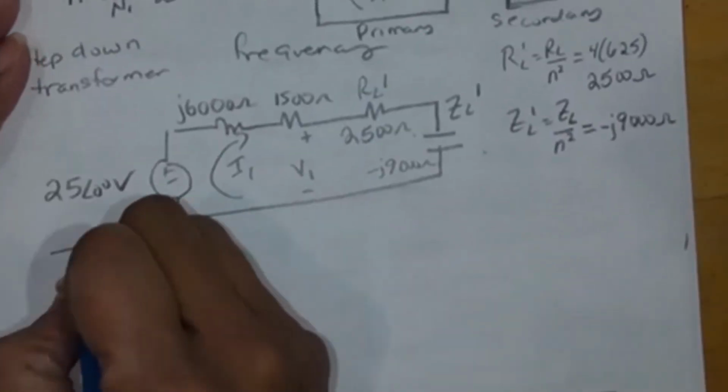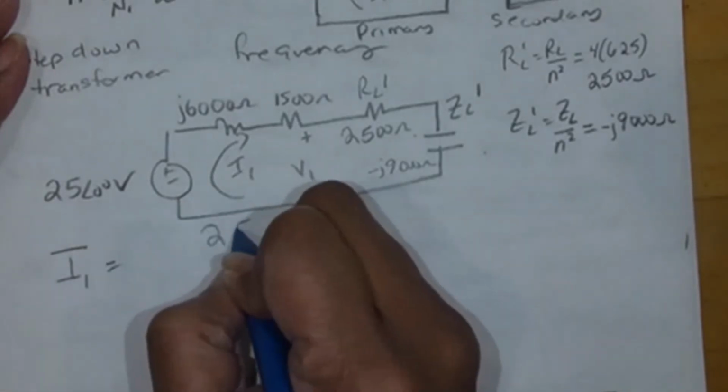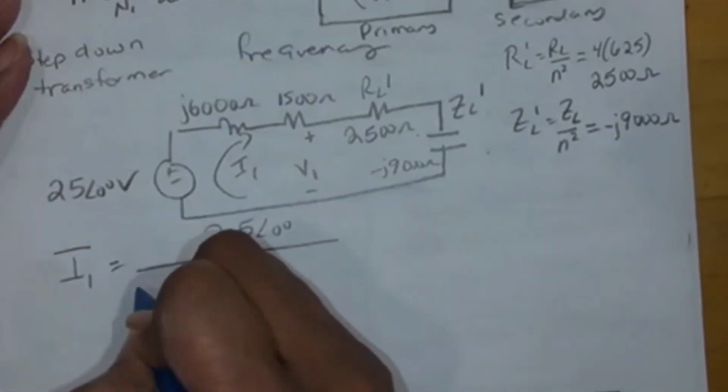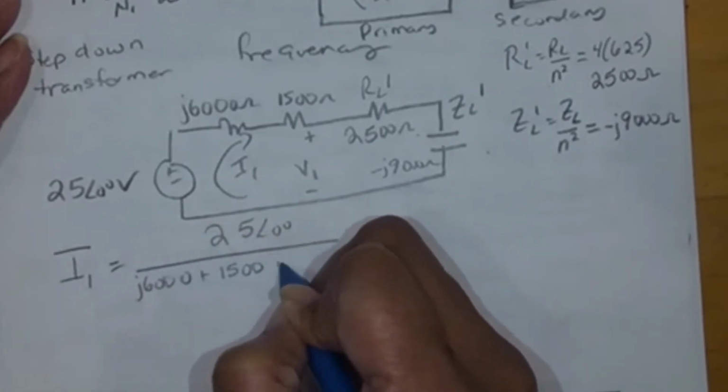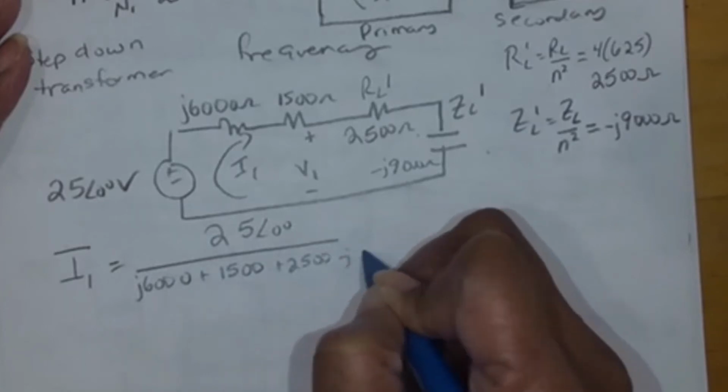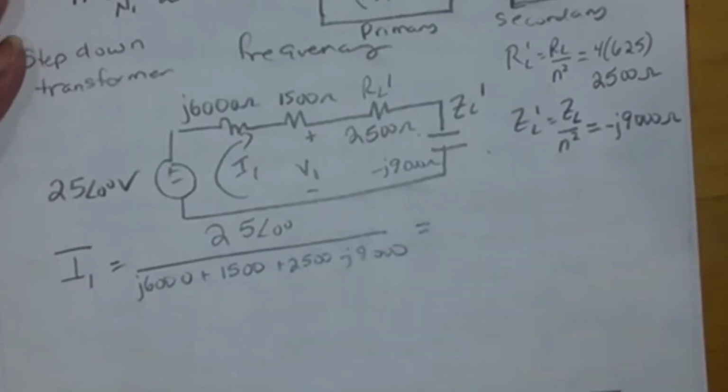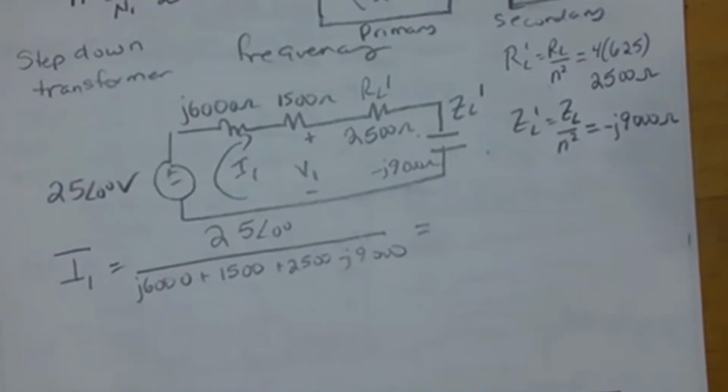So I1 is equal to 25 angle 0 over J 6,000 plus 1,500 plus 2,500 minus J 9,000. I1 is 25 divided by those 4 impedances.